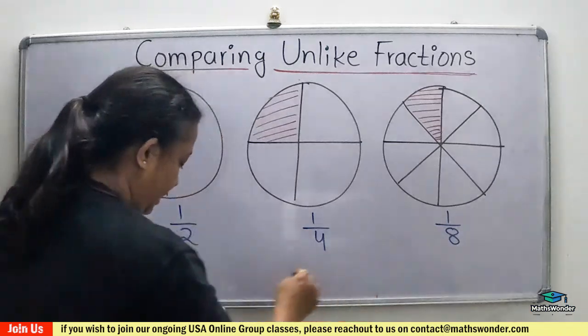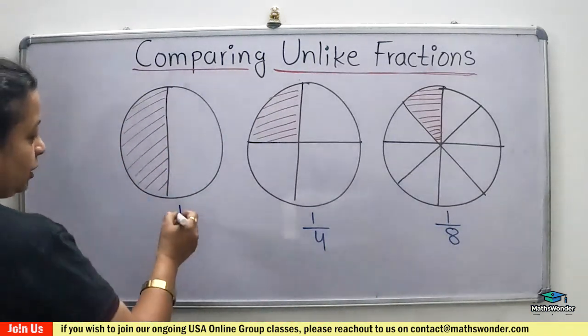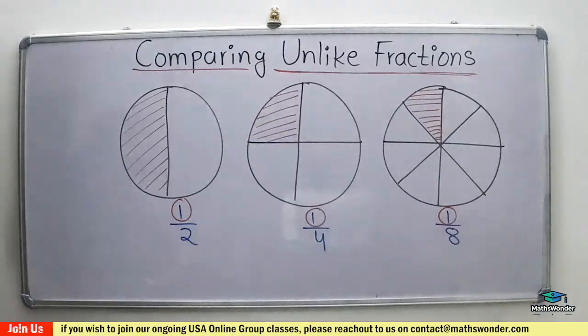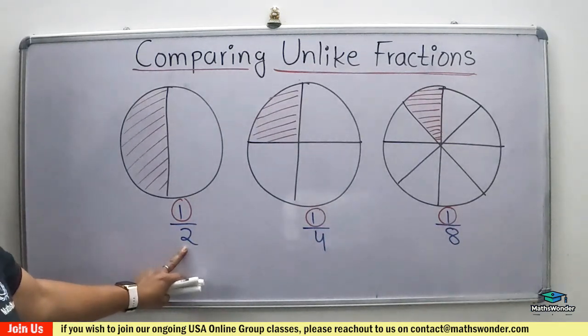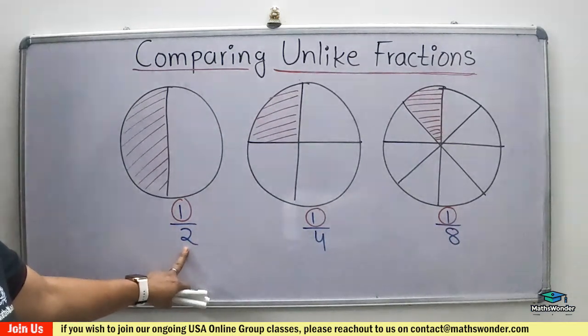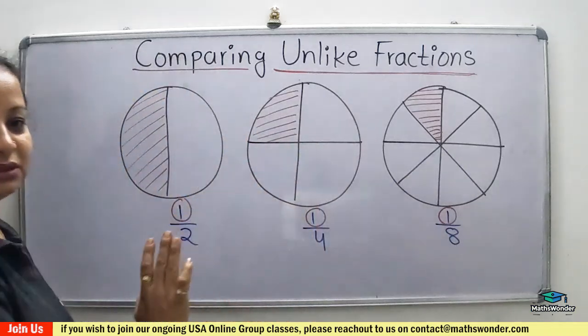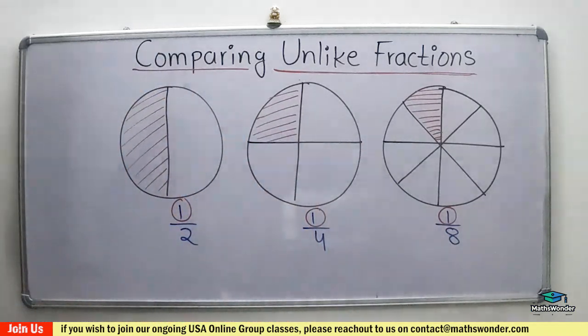Because in all three, you can see here, the numerators are the same, right? But the smaller denominator will be bigger. Got it? Smaller denominator will be bigger. As I explained, in unlike fraction with the same numerator, the fraction with the greater denominator will be the smaller fraction. Right? So this is the answer for your question.